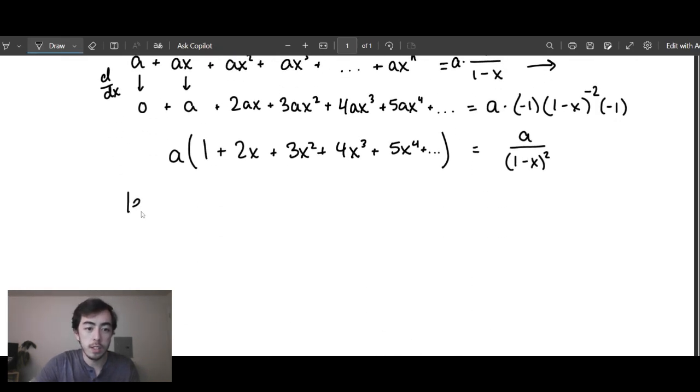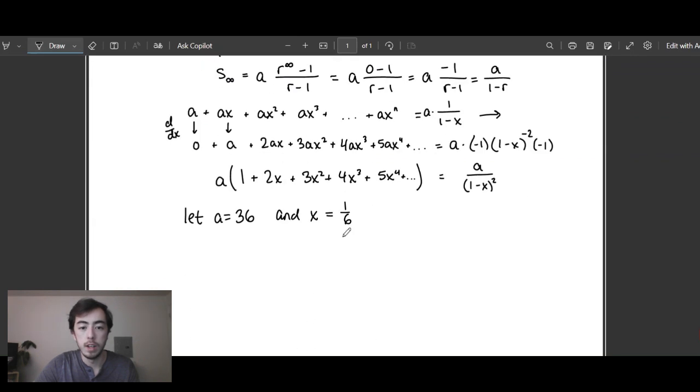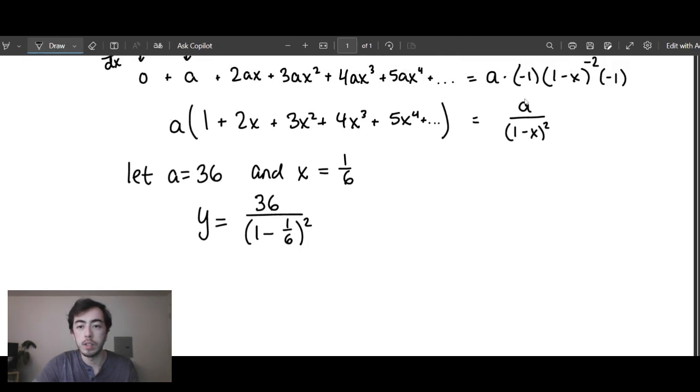So if I let a be equal to 36, and x be equal to 1/6, then I basically just have my sum from above. Yeah. So this means y is going to be equal to 36 over 1 minus 1/6 squared, right? Because this a goes here, and then all of these are the x's that are 1/6, and so I plug that in there.